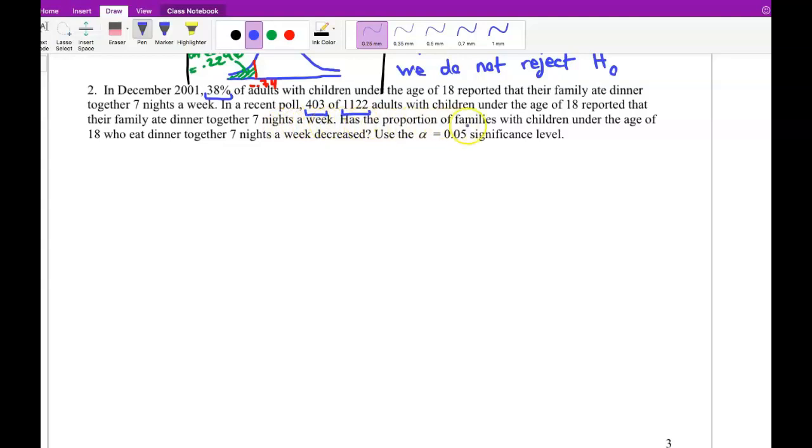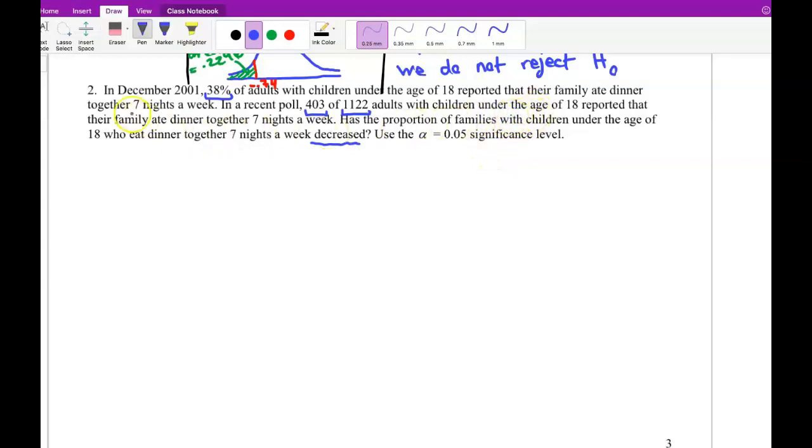Has the proportion of families with children under the age of 18 who eat dinner together 7 nights a week decreased? We're going to use alpha equal to 0.05, 5%, and so that is our significance level. So it's asking if that one is decreasing.